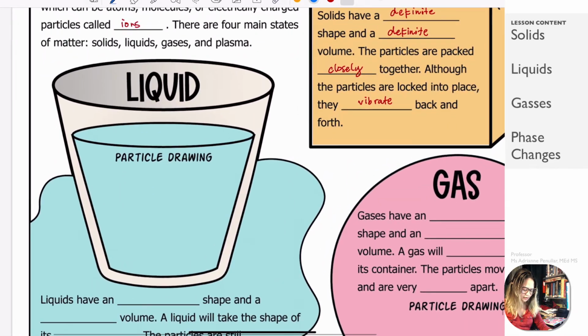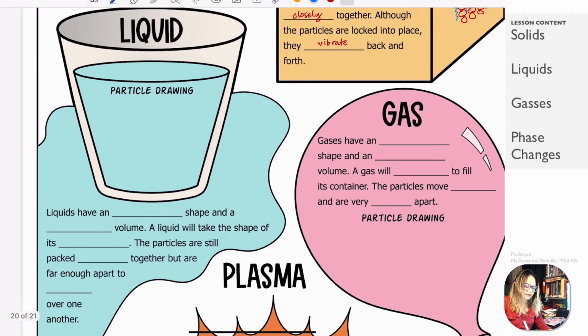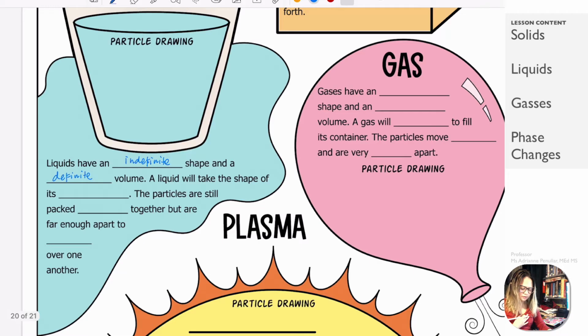So what about liquids? Liquids have an indefinite shape and a definite volume. A liquid will take the shape of its container, and the particles are still packed close together, not far enough apart to flow over one another.